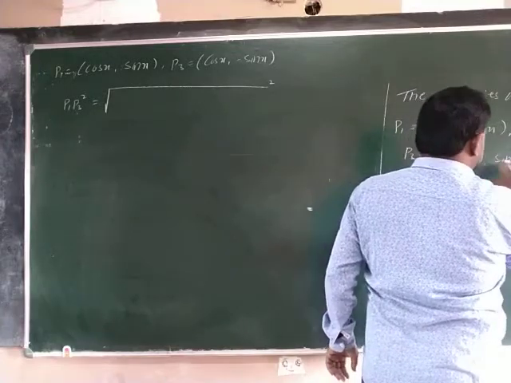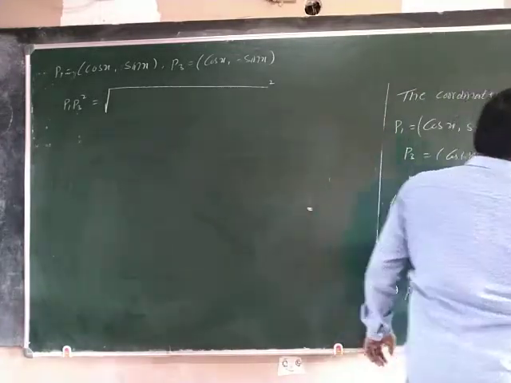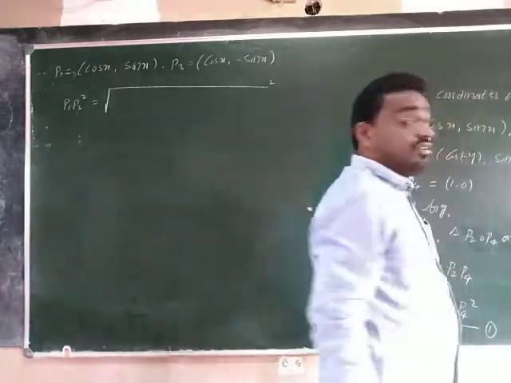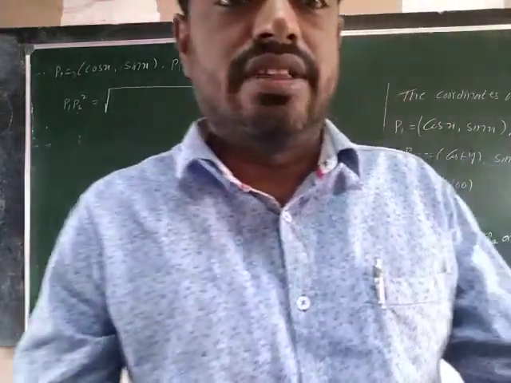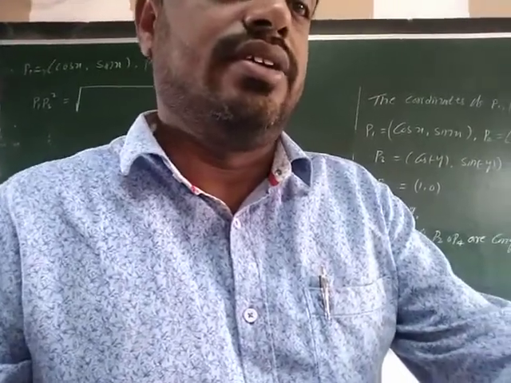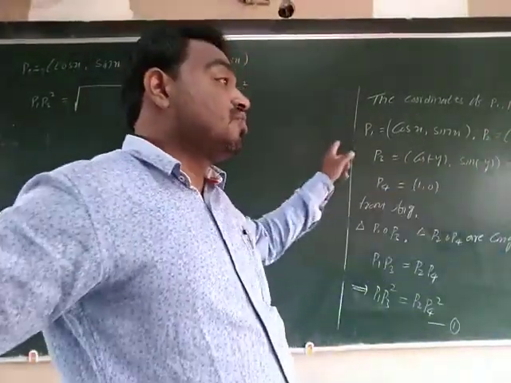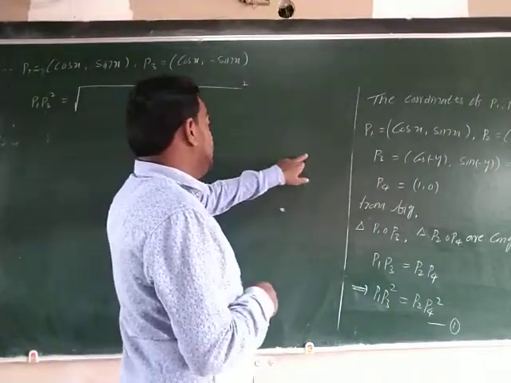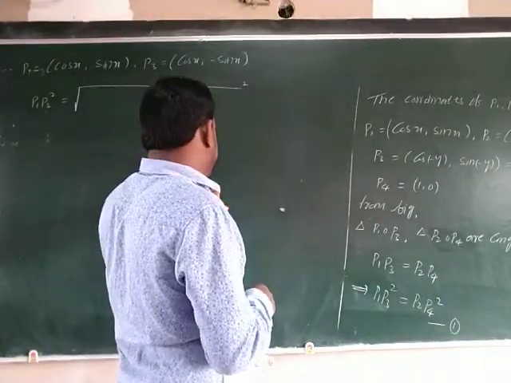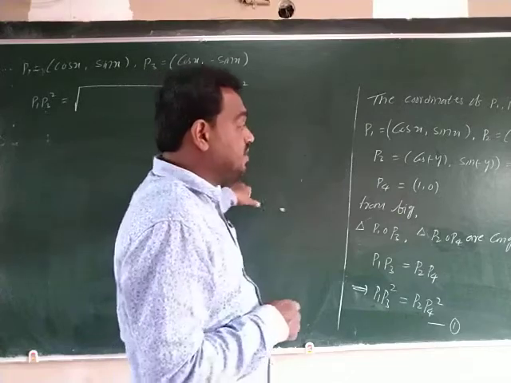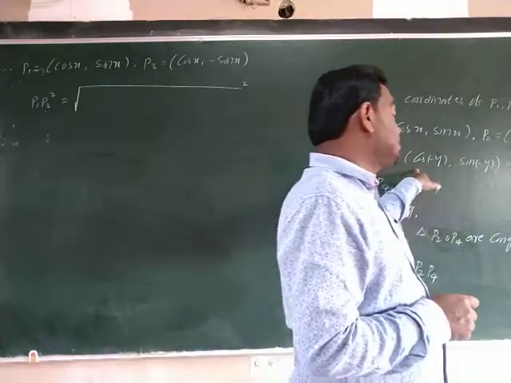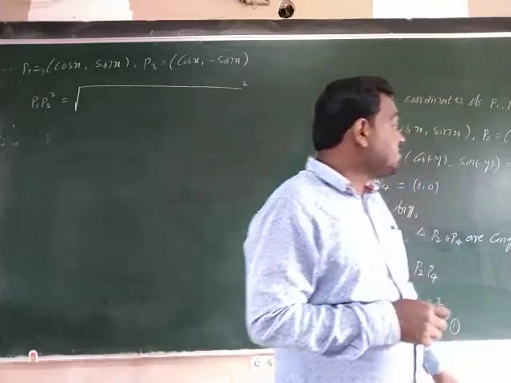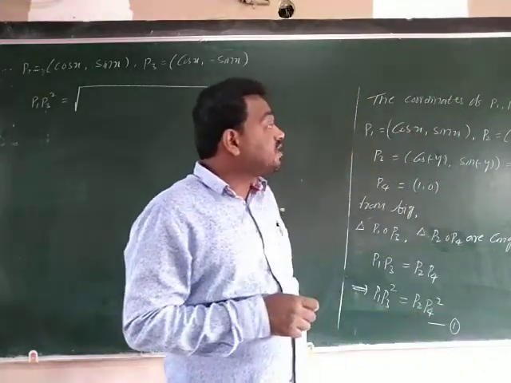Angle P4 O P3 is minus y, so P3 is equal to cos of minus y comma sin of minus y. That is cos y comma minus sin y.